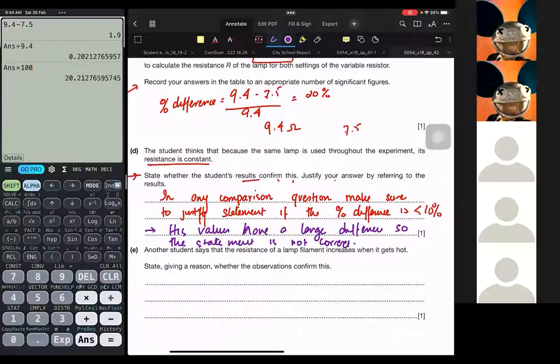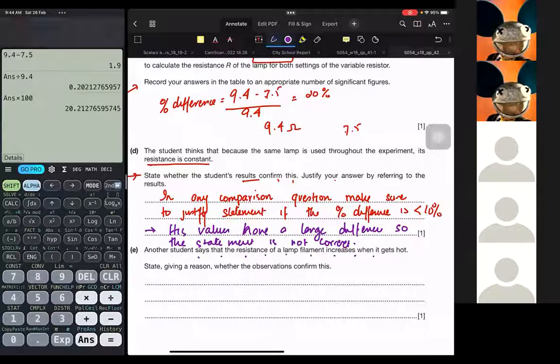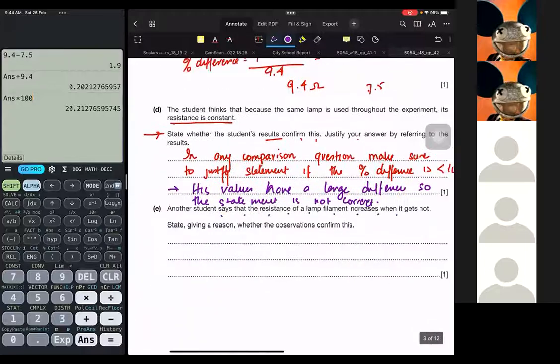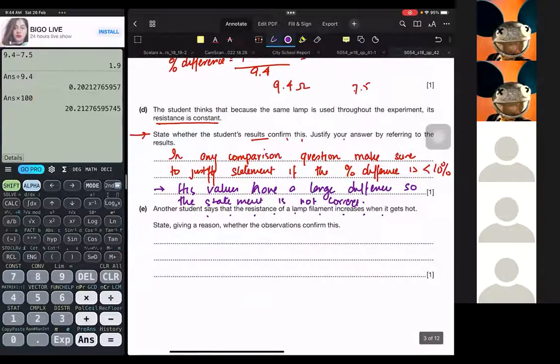All right. Now, then it says that another student says that the resistance of the lamp filament increases when it gets hot. State, giving a reason, whether the observation confirms this. Now you've got to go back and see that when the lamp was bright, of course its resistance was high. When it was dim, its resistance was low. So this student is basically correct.